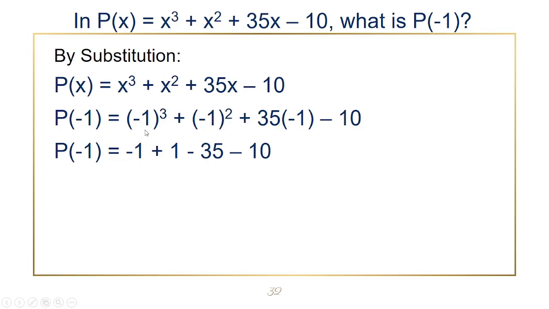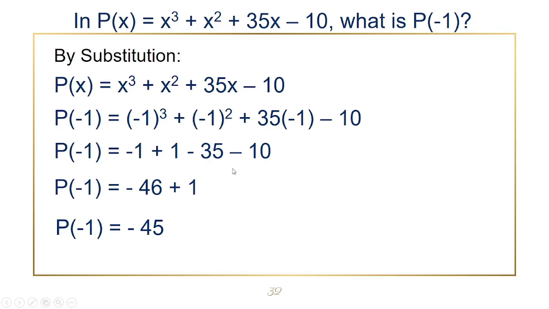Simplifying, negative 1 cubed is negative 1, plus negative 1 squared is 1, plus 35 times negative 1 is negative 35, minus 10. Then combining like terms, we have negative 1 plus negative 35 plus negative 10 is equal to negative 46 plus 1. Finally, we have negative 45.